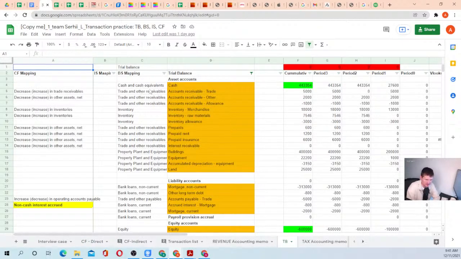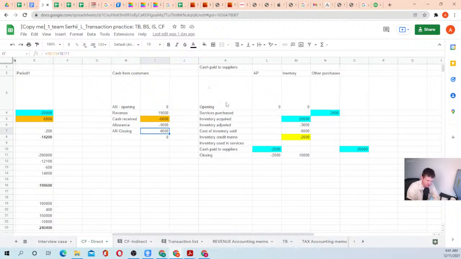So you have all the aggregated data in the trial balance, but you don't have access to every company. You don't have access to every company's transaction detail. So we tried to come up. Revenue was relatively simple, but when we go to cash paid to suppliers, we realize that we have to deal with accounts payable to suppliers, inventory movements, other purchases, and it all complicates our calculations quite a bit.